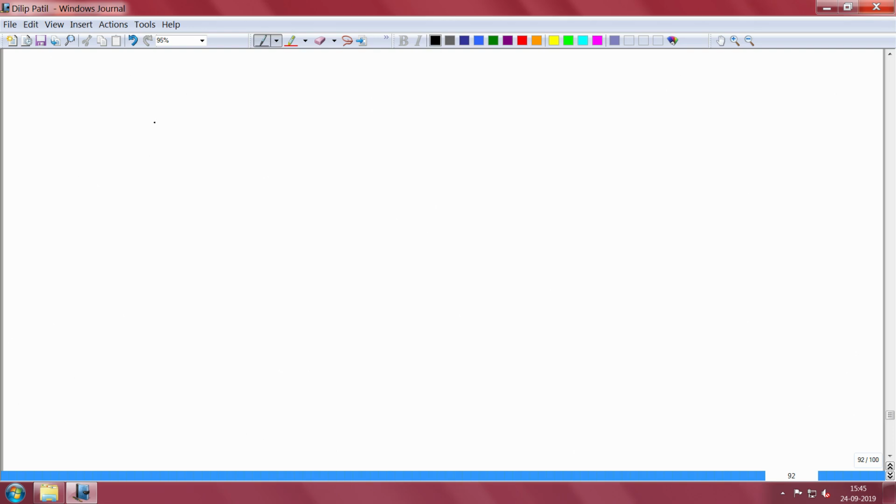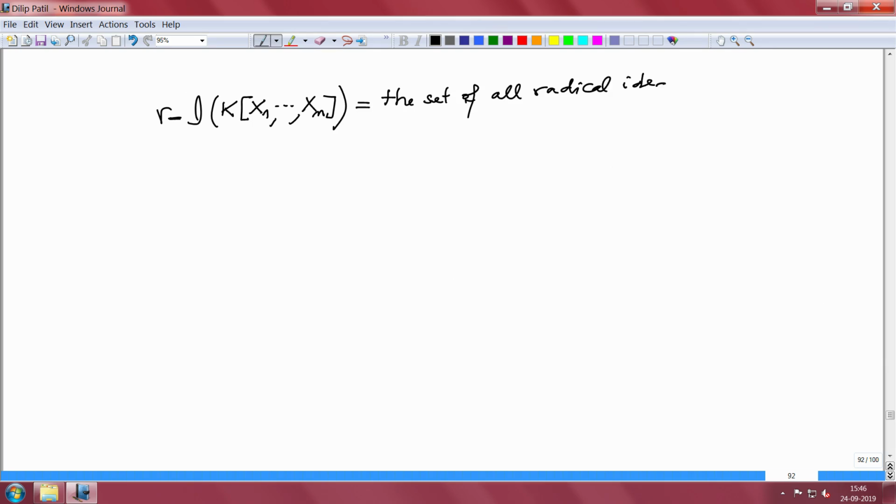I want to create a notation: R.I. of k[x1, ..., xn] is the set of all radical ideals in the polynomial ring with coefficients in the field K. And we saw this is a non-empty set.